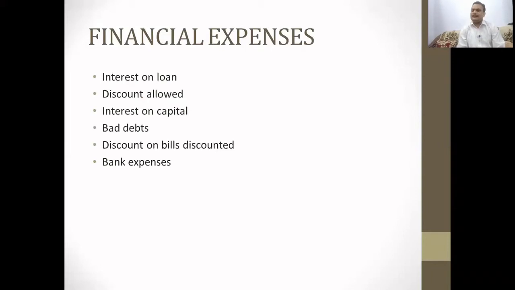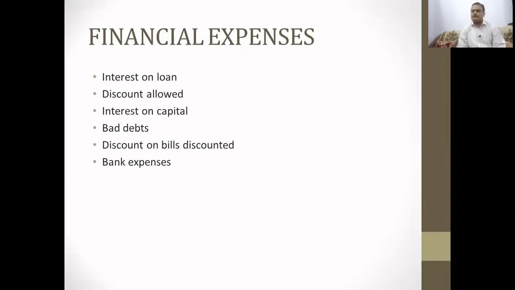That is called interest on loan, and it is treated as an expense. Discount allowed. What is discount? If we promote our goods for sale in the market, we have to give some discounts to the customer for more and more purchasing of that particular goods. This is called discount, and it is treated as discount allowed.